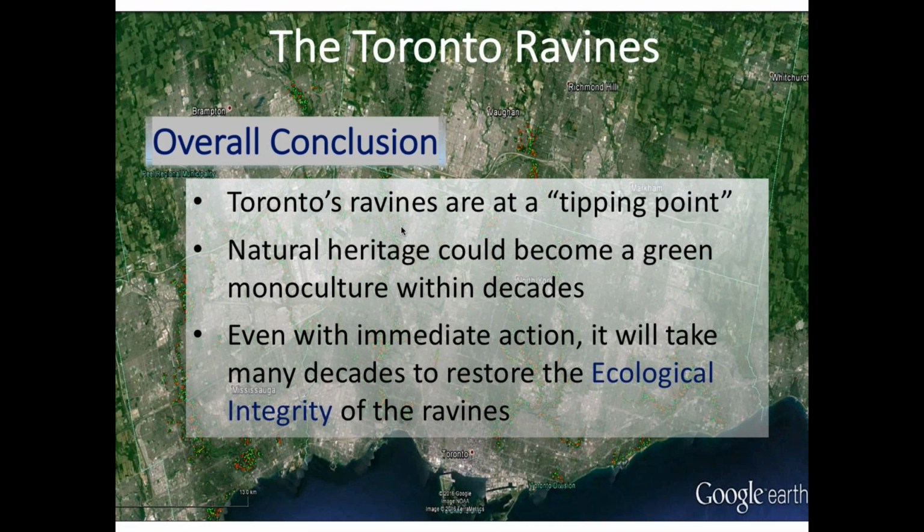So basically, the short report, where we tried to summarize all these individual reports, was left with this overall conclusion, looking at the Toronto ravines, that the ravines are at a tipping point. So again, coming back to an ecologist perspective, we're losing diversity. This means we're losing those interactions.